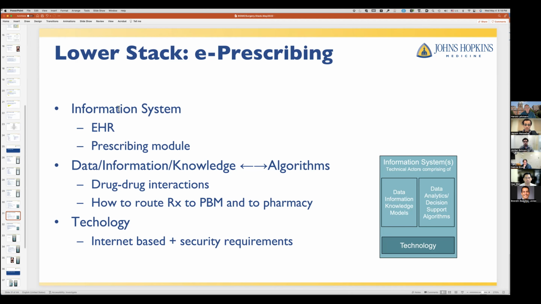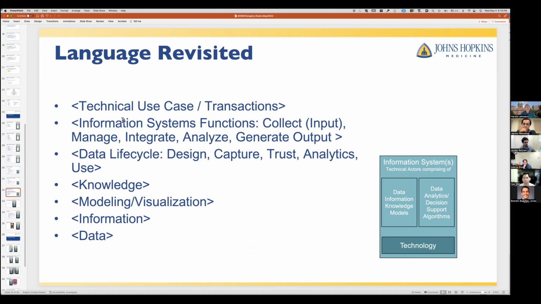So the system of systems, we talked about this. By the way, security, I'll say something about that coming down. Again, all this language, technical use case transactions, is the data flow within the information system. Above, we had the high-level tasks that had to be performed.